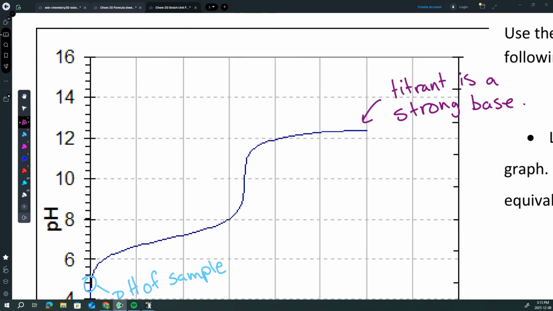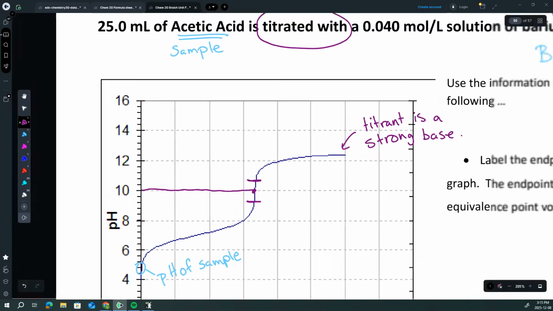To do this, I like to just draw lines to help my eyes focus. Okay, and then in the middle of the steepest part, that's going to be where our endpoint is. So roughly about there is where our endpoint is going to be. So that's right about at an endpoint of 10.